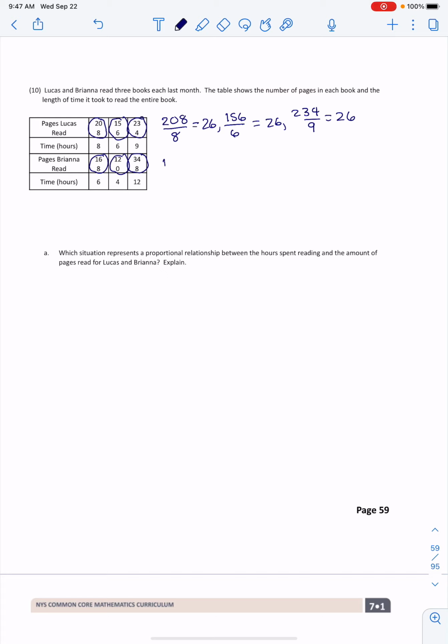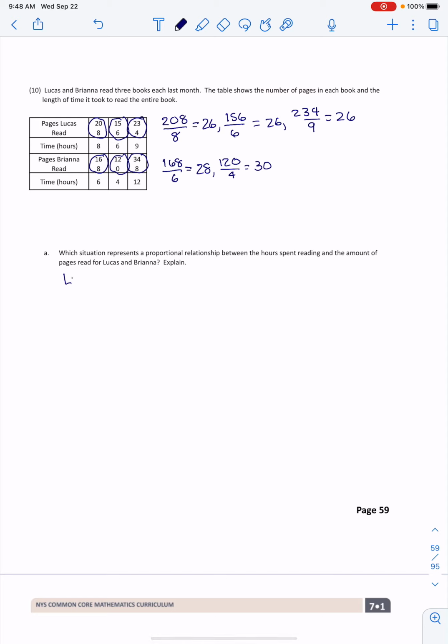For Brianna, we had 168 divided by 6, and that was 28. Then we had 120 divided by 4, and that was 30. There we can stop because hers is no longer proportional.